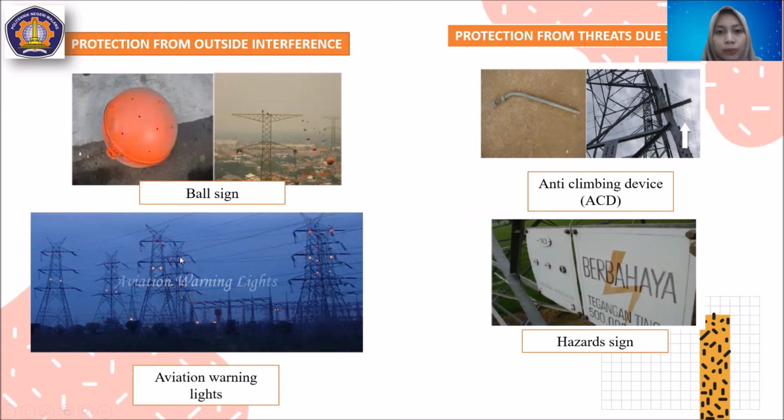This functions to provide a warning against air traffic, serving to signal to the airplane pilot that there is a transmission line conductor. And then protection from threats to humans. There are anti-climbing device and then hazard sign.